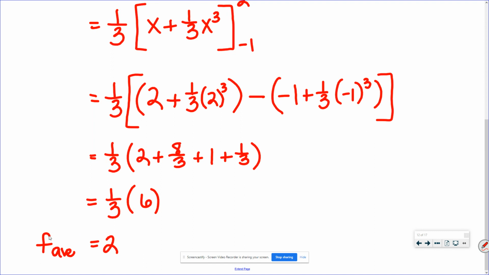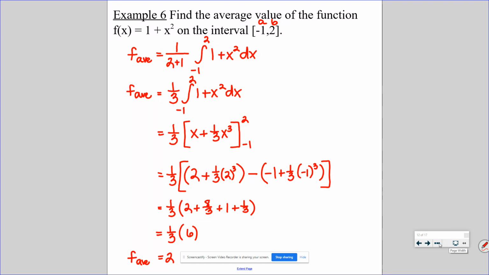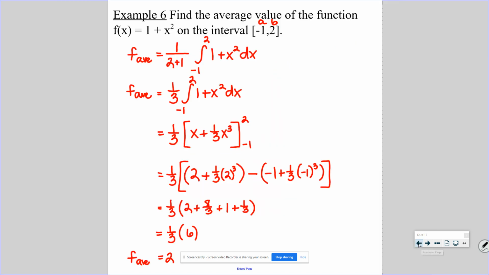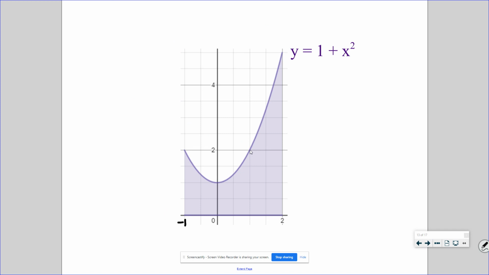Okay, so I think it's easiest if I go to a picture and try to explain visually what this means. So here's what the area under the curve from -1 to 2 looks like for the function that we were just analyzing, 1 plus x squared. Okay, the average value tells me that I could make a rectangle with a height of 2.